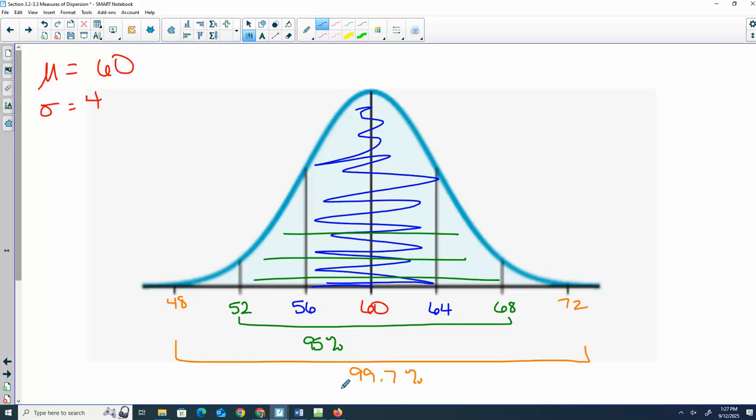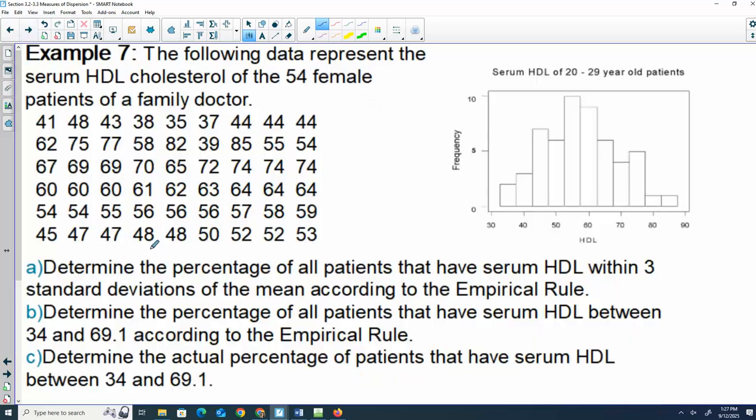Let's look at an example. The following is giving us cholesterol levels of 54 patients of a family doctor. We even have a distribution here. Determine the percentage of patients that have a cholesterol level within 3 standard deviations of the mean according to the empirical rule. So, does this data appear bell-shaped, first of all?